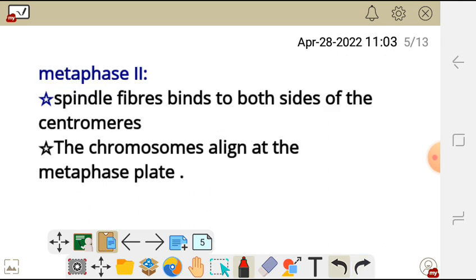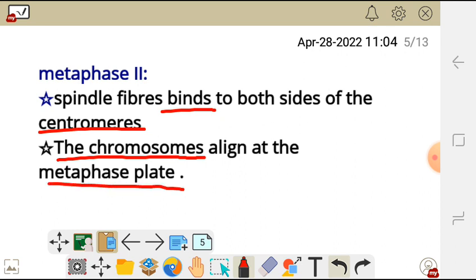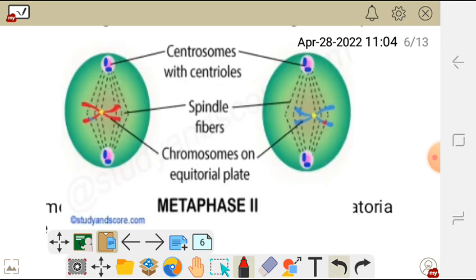During Metaphase 2, the spindle fibers which were formed under Prophase 2 bind to both sides of the centromeres of the chromosomes, and then the chromosomes align at the metaphase plate. You can see here we have these chromosomes.